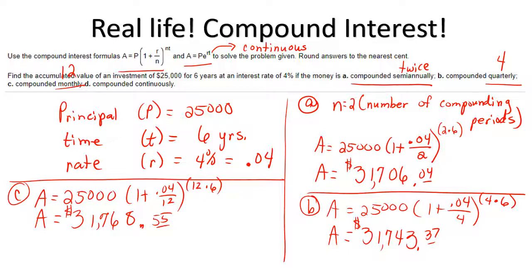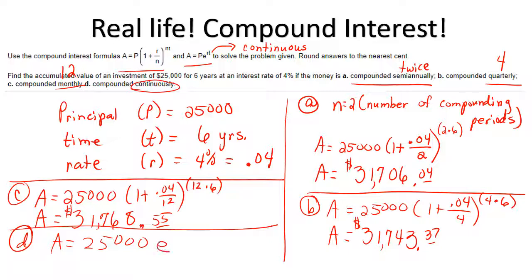Last but not least, part D asks you to compound this money continuously. In theory, that would be wonderful. In practicality, that's very rarely done. And so we have A equals PERT, the principal, which is 25,000, Euler's number, which we discussed just a moment ago, and then the exponent is the rate, 0.04, times the time, which is 6 years.